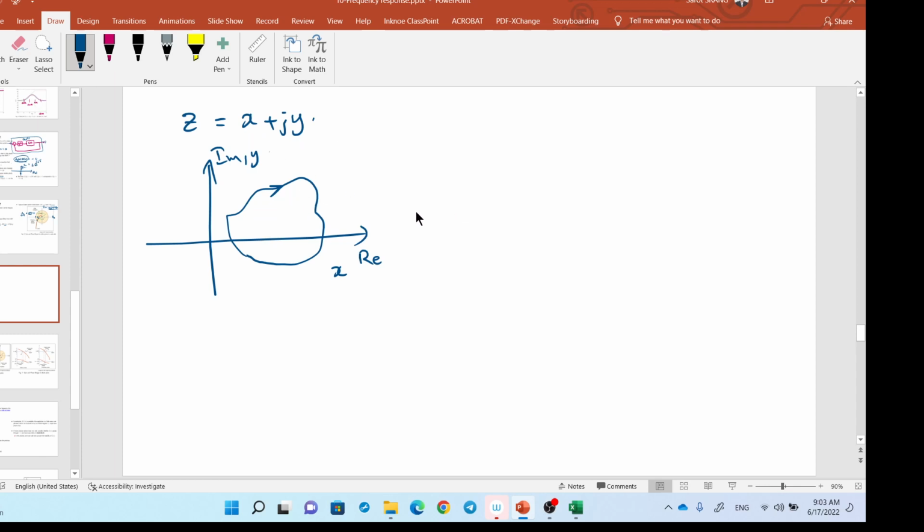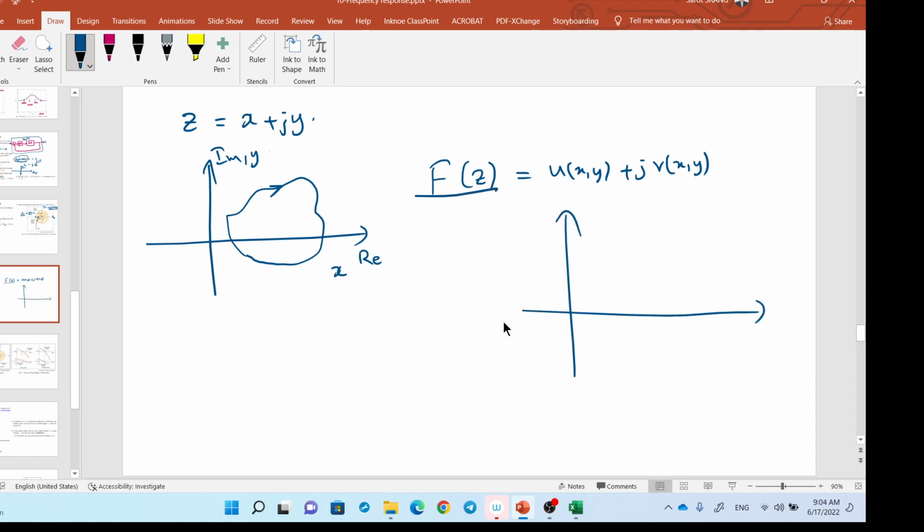And if I apply an analytic function f of z, then it becomes u of x, y plus j v of x, y. Then I map it into the complex plane of f of z. So here is u, here is v, and I also have another contour here.